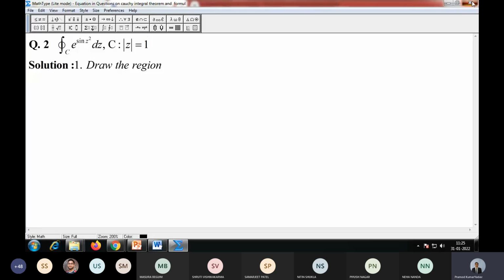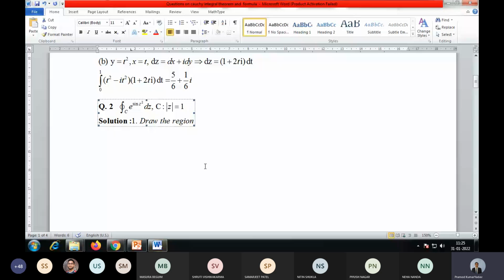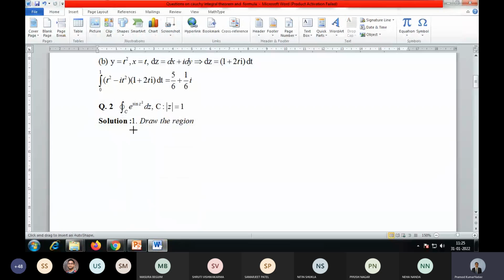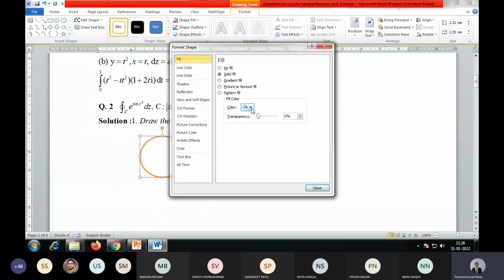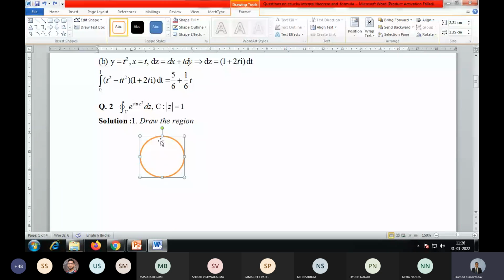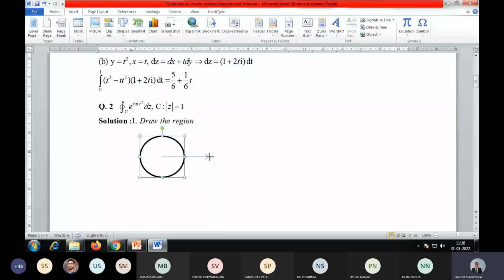We can draw the circle of radius 1, like this one, with center at origin and radius 1.